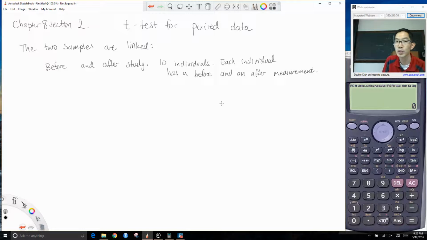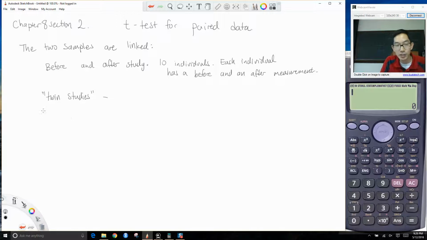Or you could have so-called twin studies, where you give one twin a certain treatment and the other twin a different treatment, and try to see if there's a difference between them. You want to take into account that the twins prior to the study were very similar.